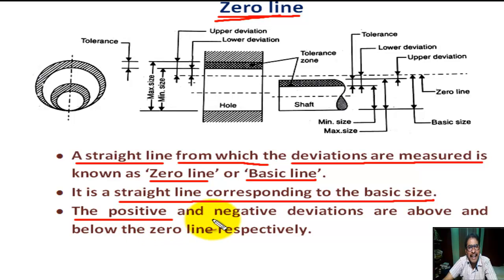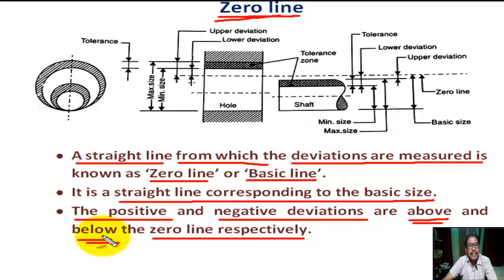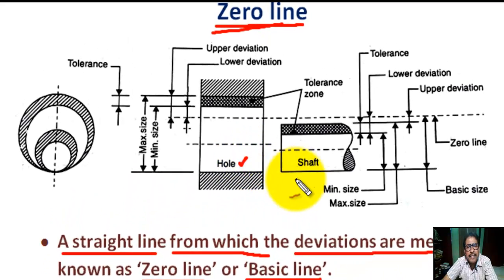The positive and negative deviation are above and below the zero line respectively. For positive deviation, it is above the zero line. For negative deviation, it is below the zero line.